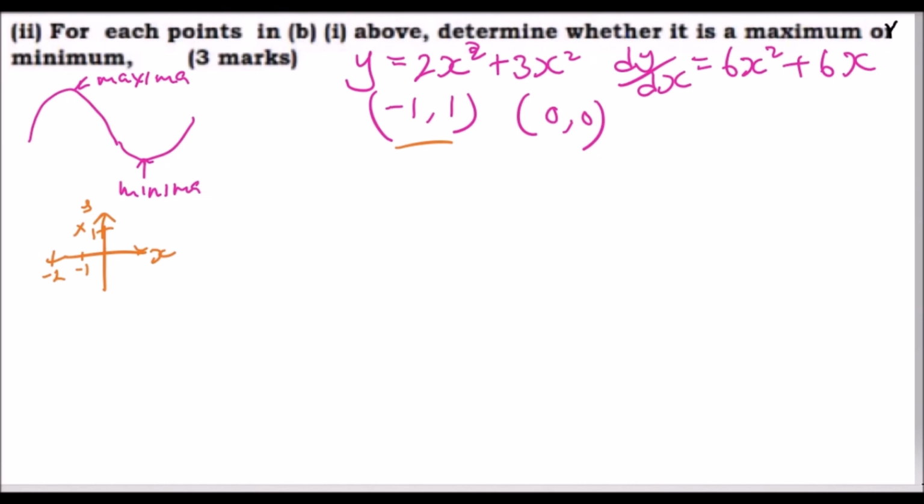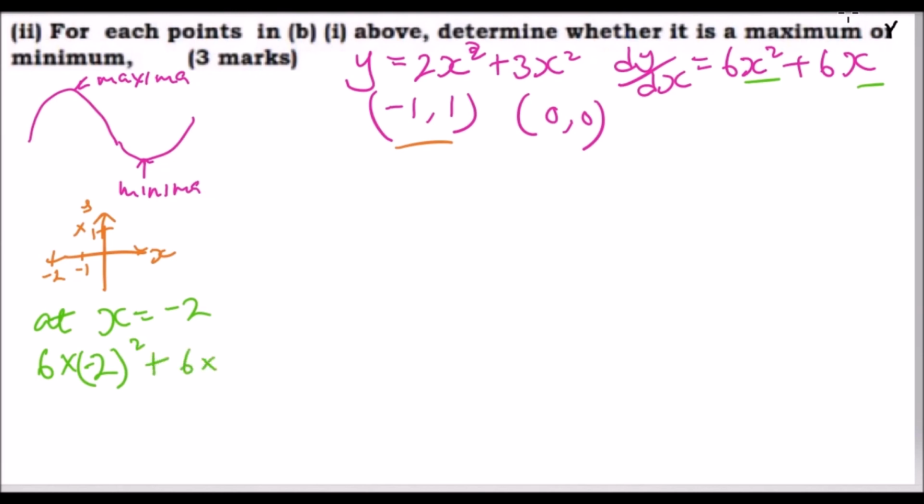So we come here and say at x equals minus 2, we substitute in our gradient here. So this is 6 multiplied by minus 2 squared, and then we had plus 6 multiplied by minus 2.